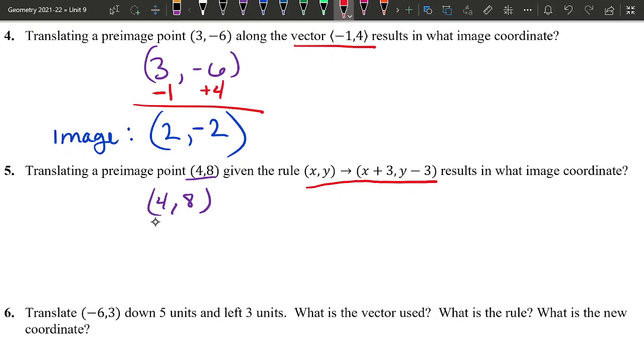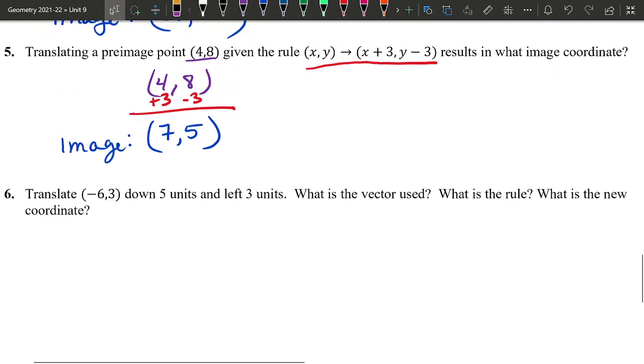So x plus 3, so I'm adding 3 to x, and I'm subtracting 3 from y. And the result is the image. So 4 plus 3 is 7. 8 minus 3 is 5. So that is the image.